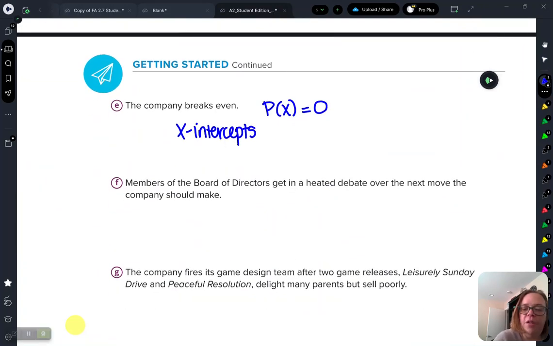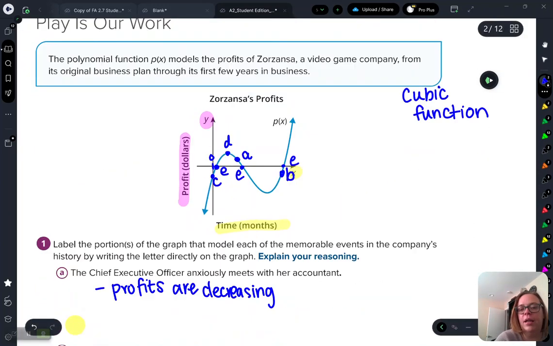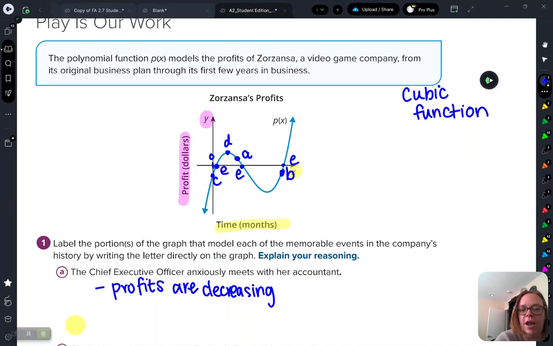F, the members of the board of directors get in a heated debate. So things are not good. They need to come up with a plan, and hopefully they'll turn things around. I'm going to say down here because things are bad. It's really bad, but maybe they're going to fix it and it's going to turn around.